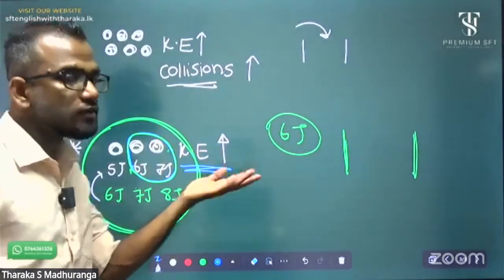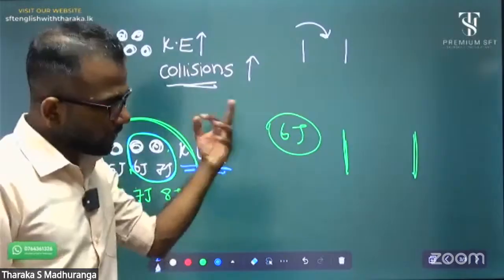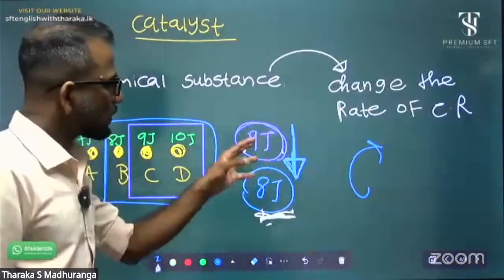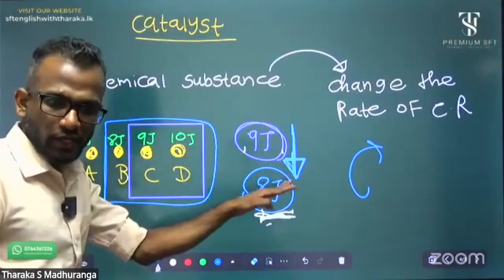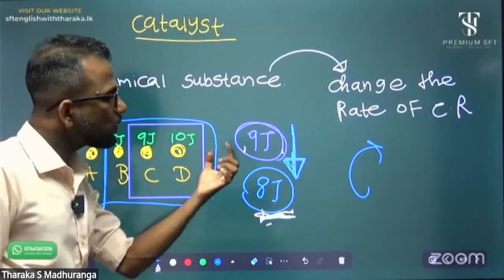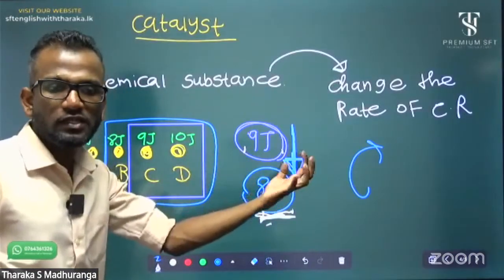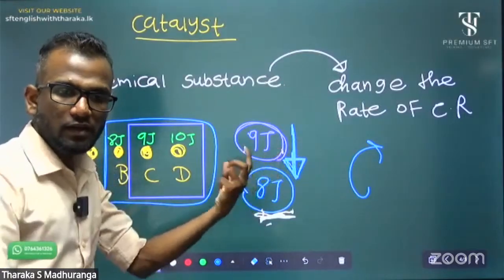Right? It's a different story. But when we introduce catalyst, the activation energy decreases. Therefore, the number of molecules that exceed the activation energy is increasing. Right? This is the story.